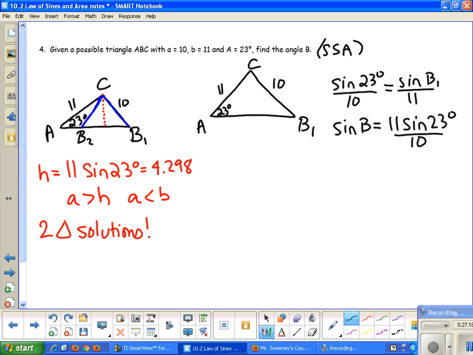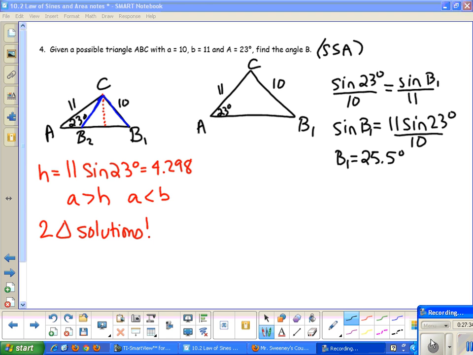Don't forget to do the sine inverse on your calculator. So when you do the sine inverse, you end up with B being equal to 25.5 degrees.